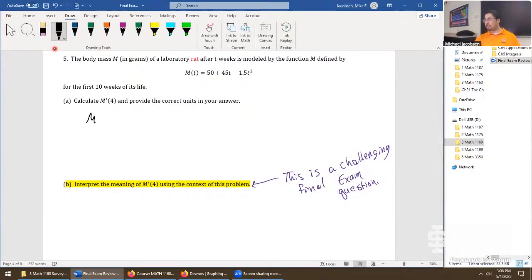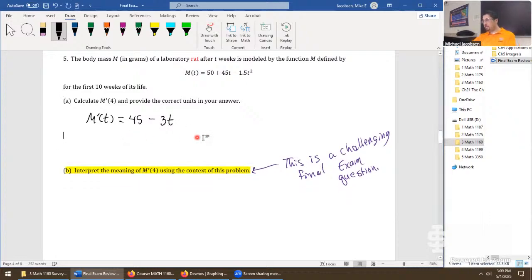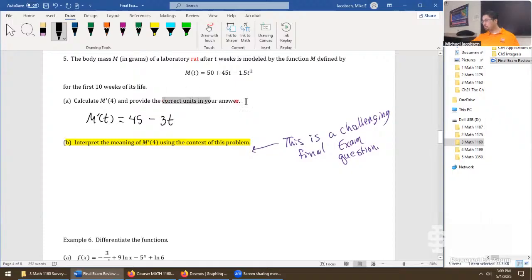First thing we do is just calculate M prime at T. We want the actual derivative, then we plug in the value. So the derivative at T is going to give us 0 on this term, 45 on this term, minus 3 times T on this term. And you know what? Oh, hang on, no, it does ask for units. Let's throw in the units right here. It's a good idea.